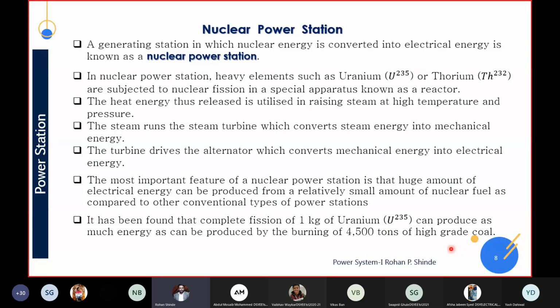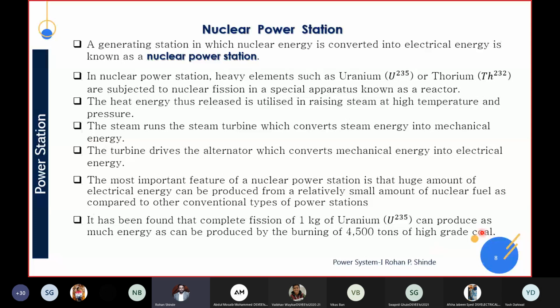High grade coal means coal having a high calorific value, that is, coal whose burning capacity is very high. That means they can totally burn, right? That is called high grade coal.